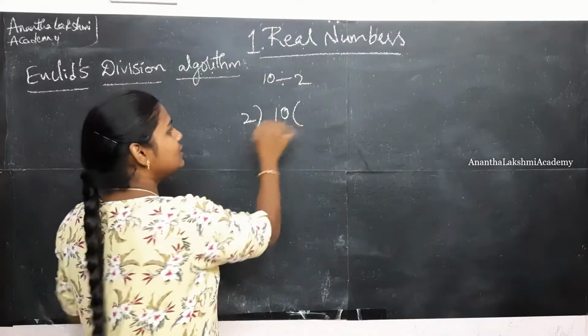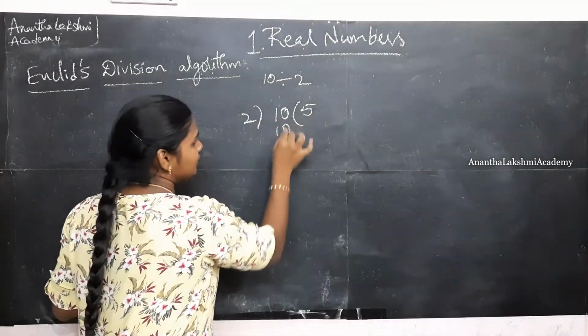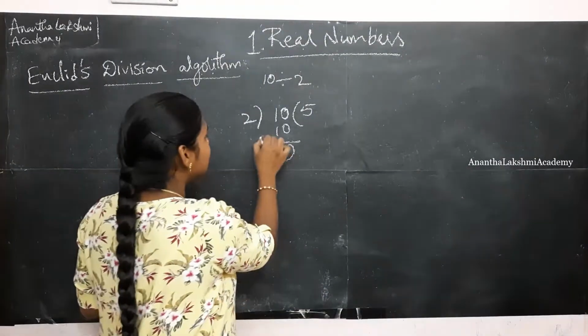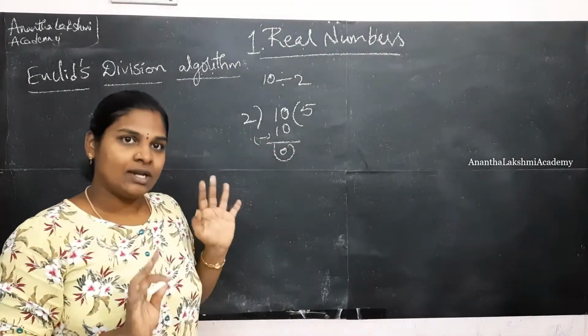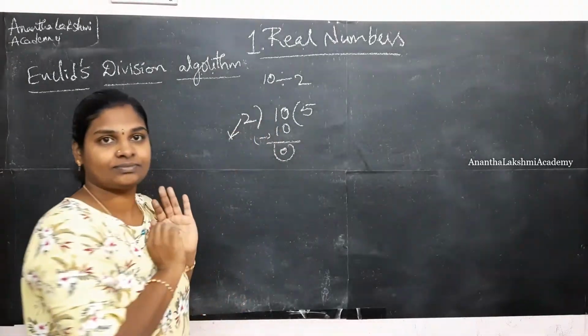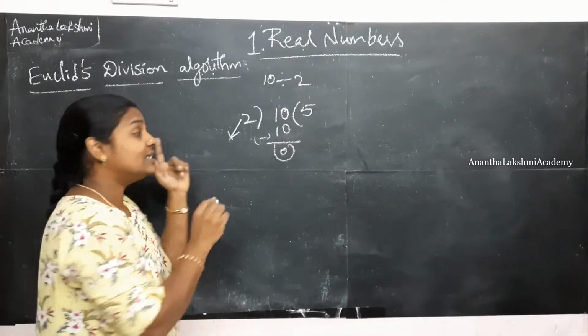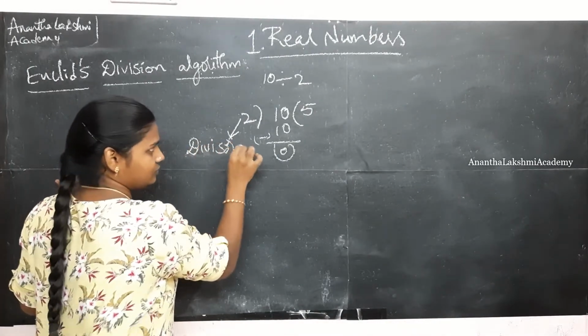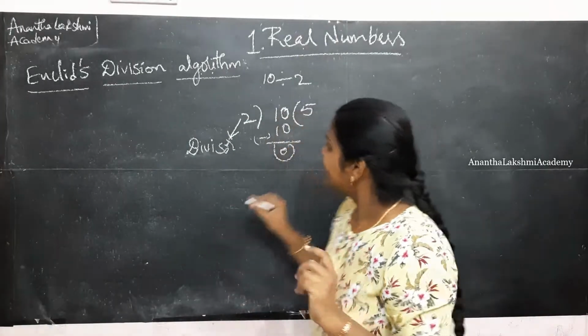Alright, what happens? 2 5s are 10 and the result is 0. What is the operation that will be done here? This is a subtraction operation. Now, what is this 2 called? This is nothing but the divisor.